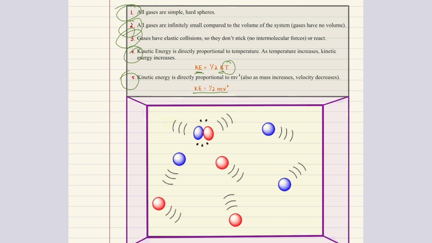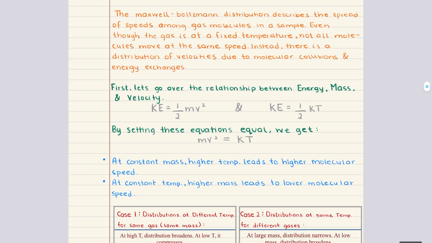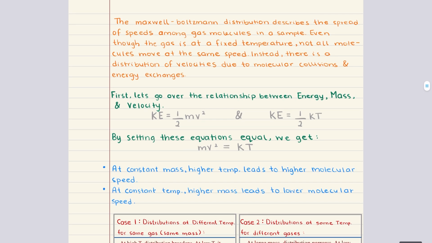We're going to get into that in a second. For now, the key takeaway is that the kinetic molecular theory gives us a microscopic explanation for the behavior of gases. Now what we need to do is take a closer look at how gas molecules actually move.